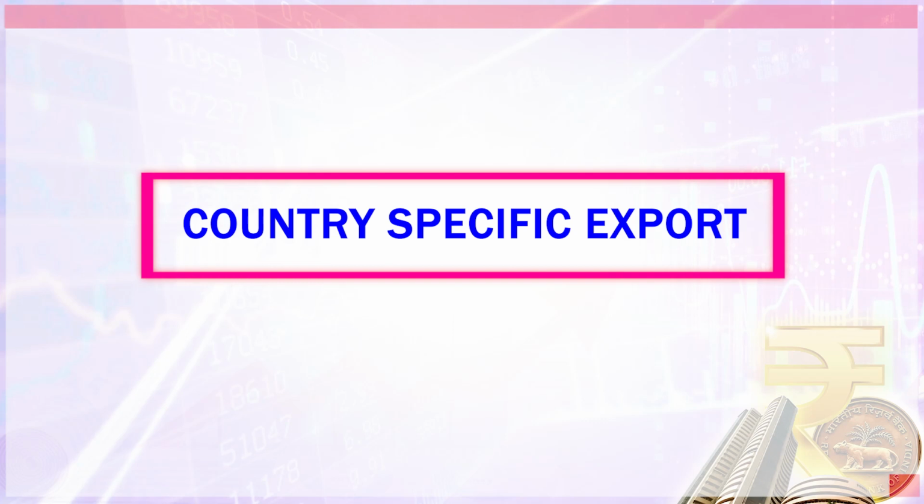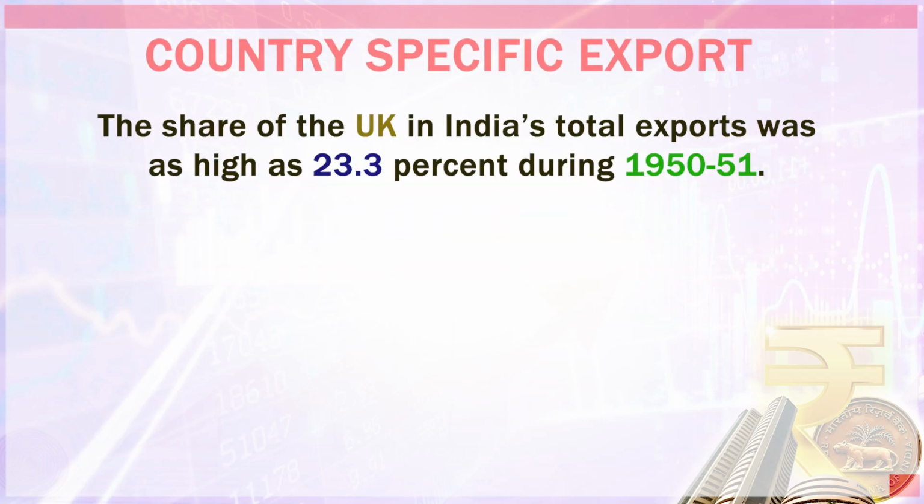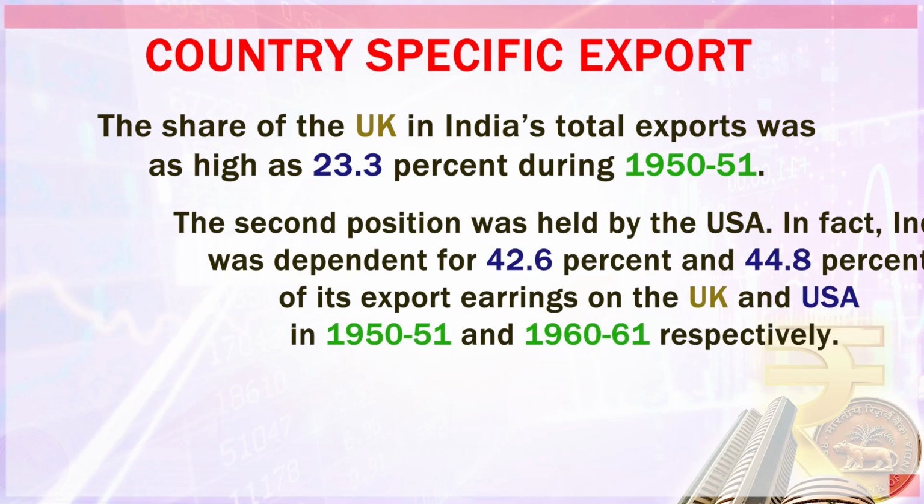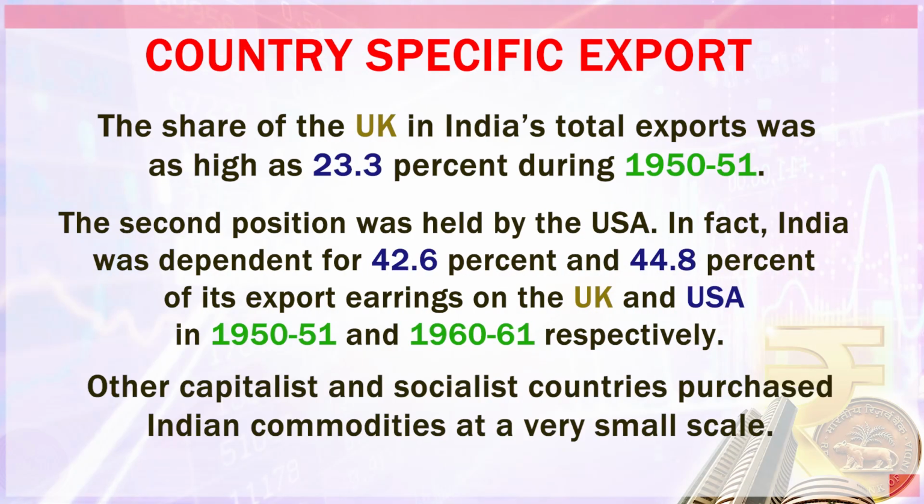Now I will discuss country wise. During the 1950s, again India used to export most of its commodities to either UK or USA, which reflects the colonial heritage of our country. And the other socialist or capitalist countries were not at all interested in Indian products.